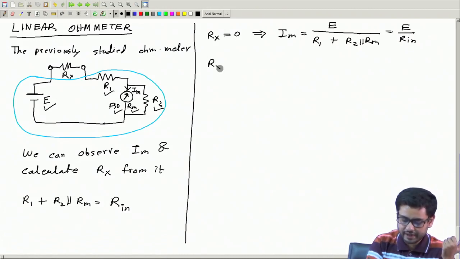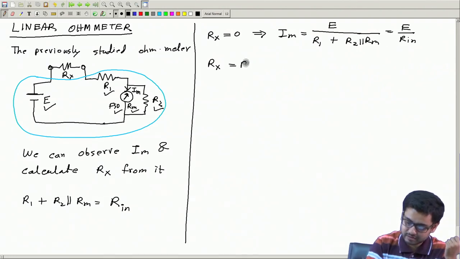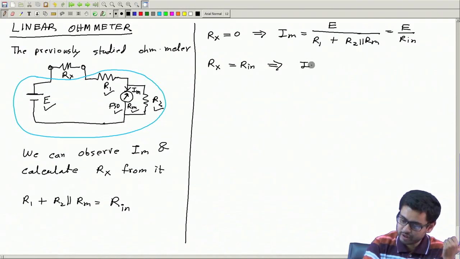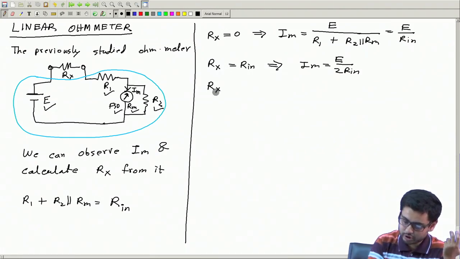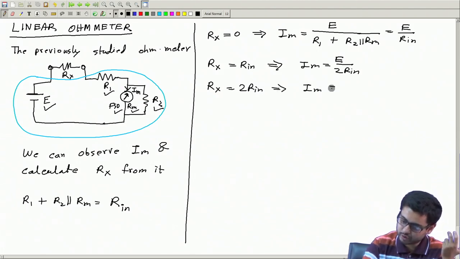Then if I take Rx equal to say R in, Im will be E by 2 R in. And so on. If I take Rx equal to 2 R in, I'll have Im equal to E by 2 R in plus 1 R in, that is 3 R in.